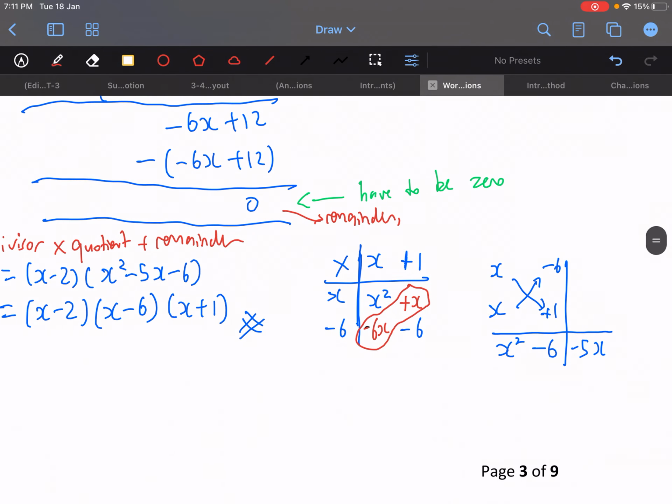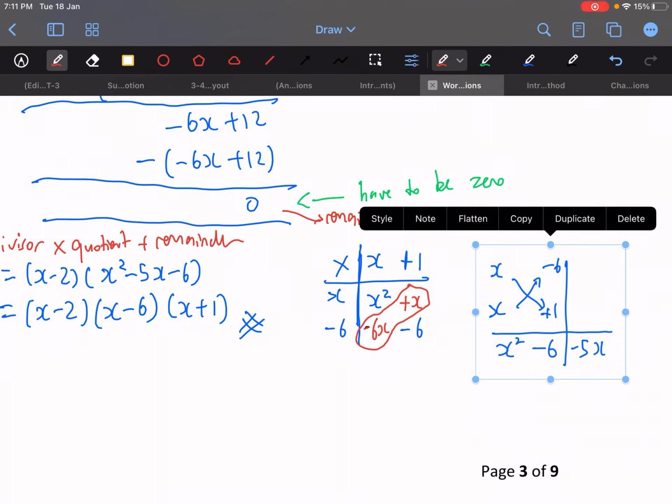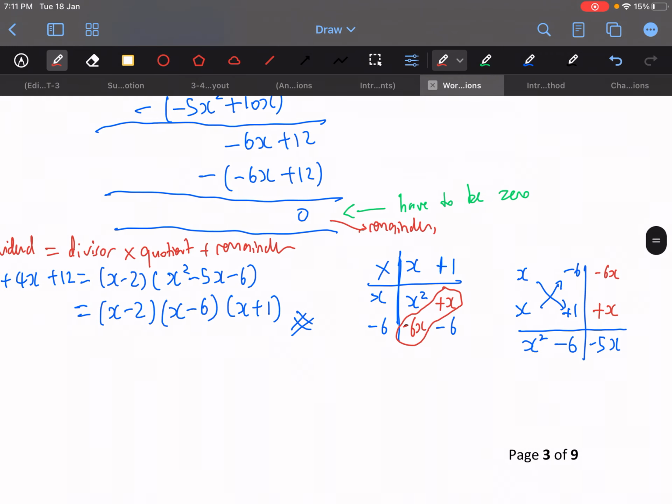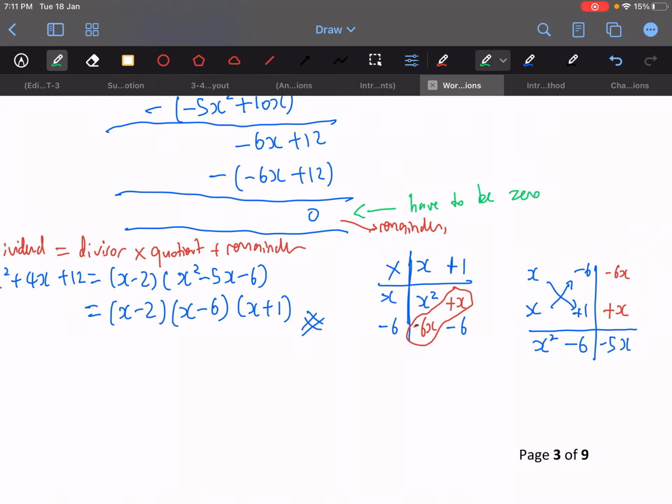Sorry, let me try again. Okay, negative 6x and plus x. So this will give me negative 5x, so it's correct already. That's how you go about factorizing a quadratic expression.